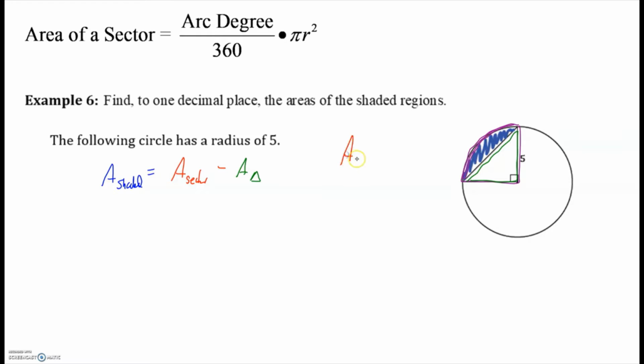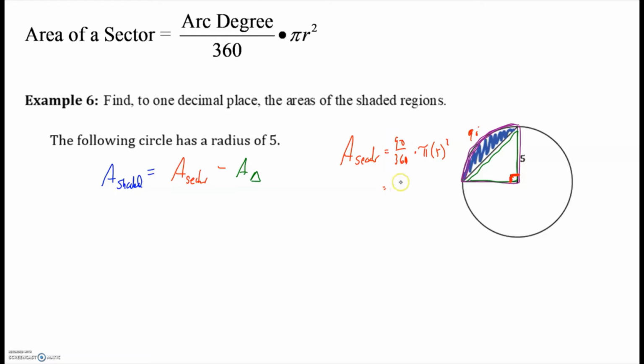So let's actually solve that. So the area of the sector is going to equal, we know that the angle is 90 degrees. Now again, they could give it to us here, or they might write it out like this and say the arc is 90 degrees. It's the same thing. So we're going to say 90 out of 360 times pi r squared. So pi, and the r in this case is 5 squared.